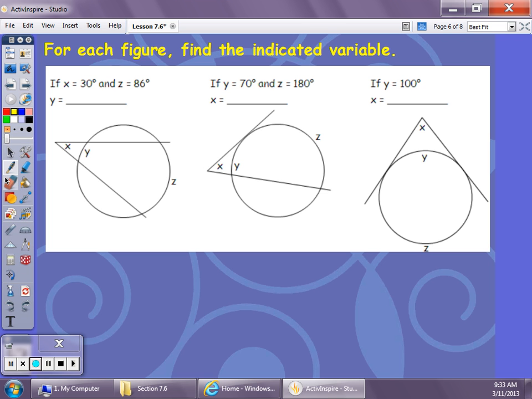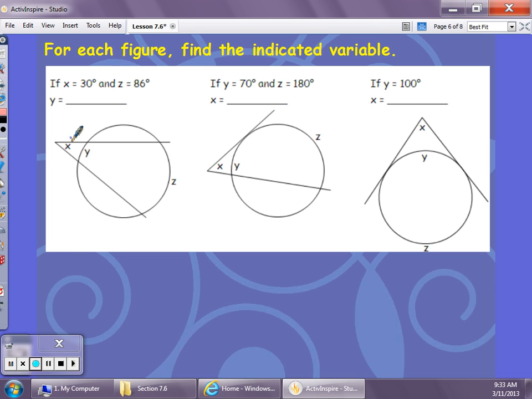So for the first example, we're given that the measure of angle x is 30 degrees, and the arc measure of z is 86 degrees. So before we do anything, let's go ahead and come up with a formula. So if we want to find x, we know x is going to equal 1/2 the difference of the largest arc minus the smallest arc, so z minus y.